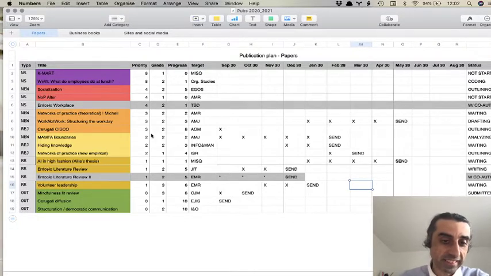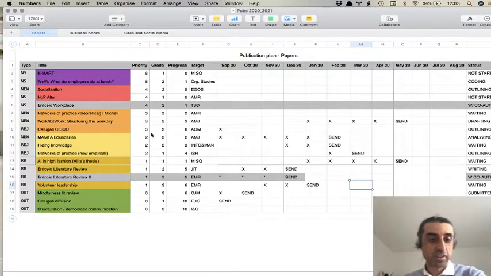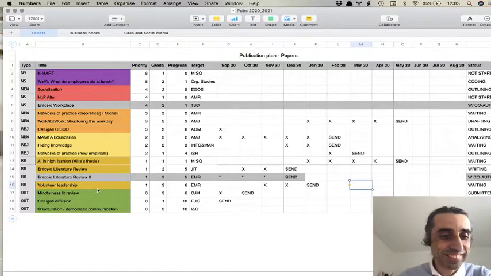But basically the goal is to move papers down the chain, and for me it's a real sense of achievement when a paper moves from dark yellow to green. It just means okay, you can breathe a little bit of relief.